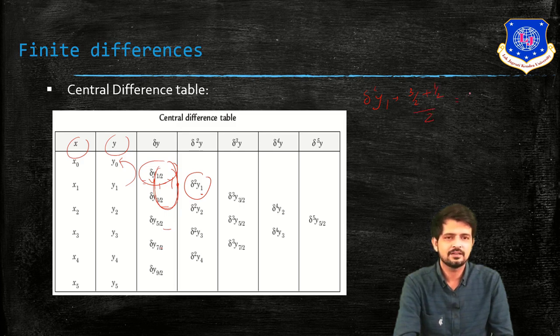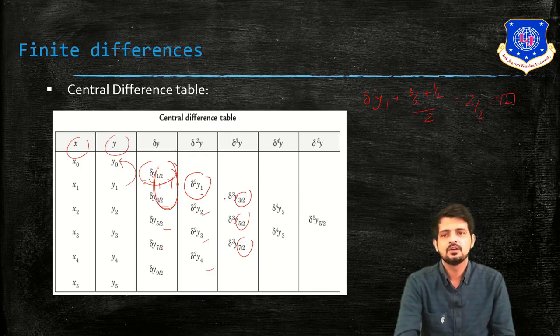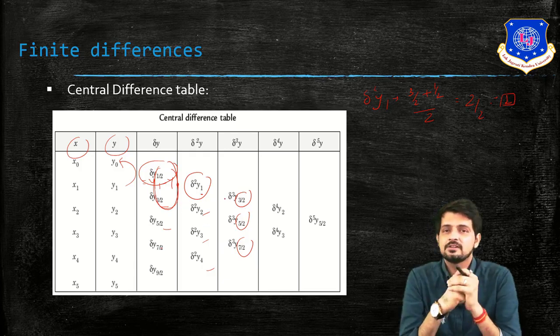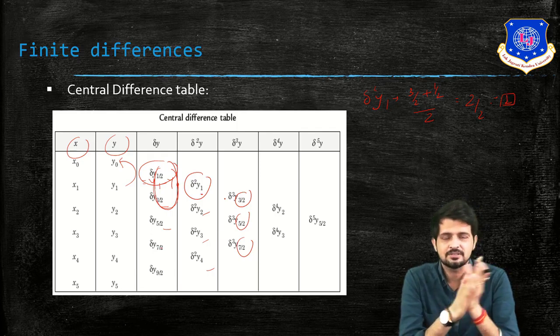So I can write here 3 by 2 plus 1 by 2 is 2, 2 by 2, so it is 1. Okay. Then 2, 3, 4. Again the mid value will be 1 plus 2 by 2, that is 3 by 2. Again 5 by 2, 7 by 2, then again the mid value. So in this way you can draw the central difference table and you can write the expressions.